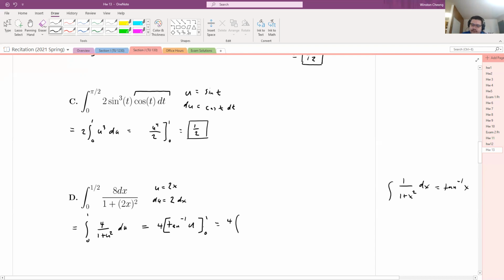And so you should think pi over 4, the 45-degree angle. Tangent of pi over 4 is 1. And evaluating arctan of 0, you think again, what angle will give me 0 when I evaluate tangent on the angle? Well, 0. So tangent of 0 is equal to 0. And so there we go. Your answer is going to be pi.